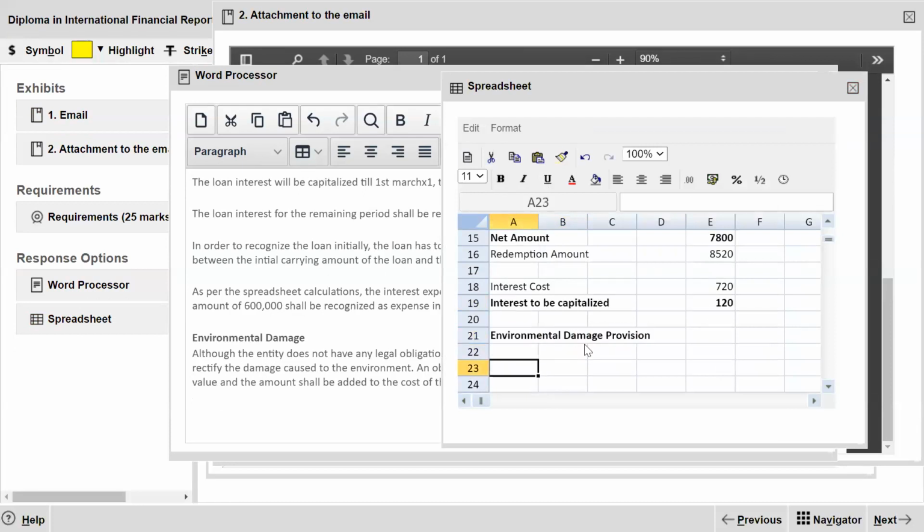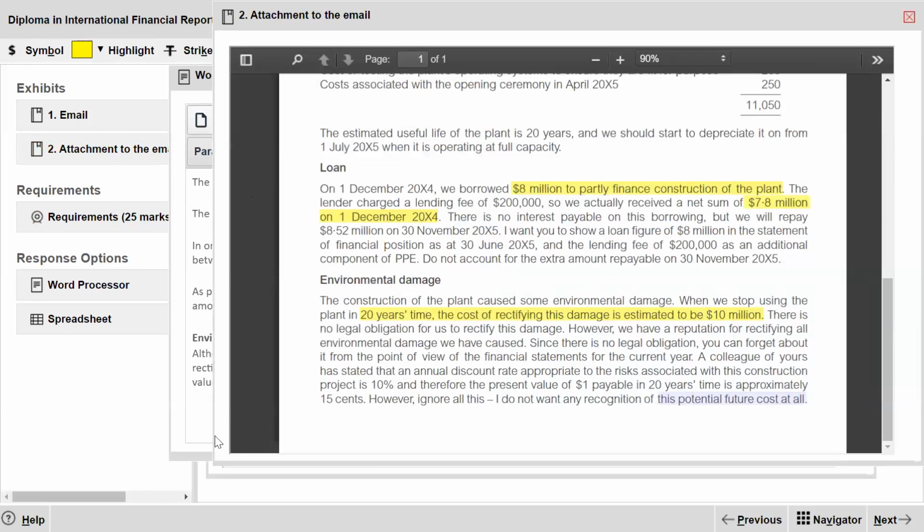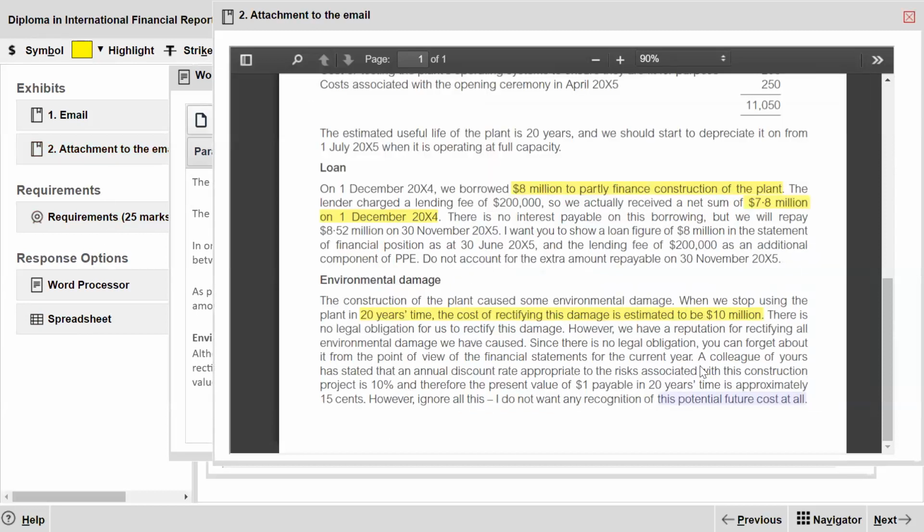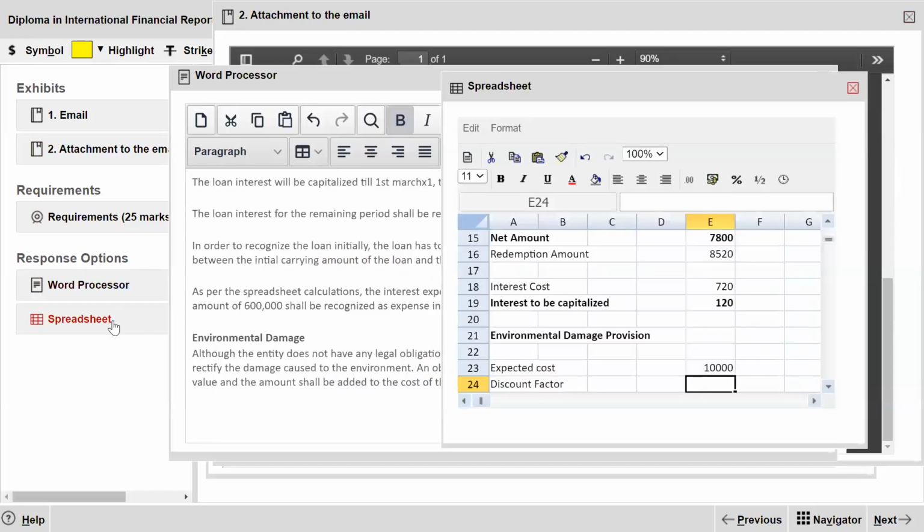The environmental damage provision is going to be the expected cost, which is $10 million, or you could say 10,000 in thousands. Then the discount factor is going to be 15 cents, that is 0.15.